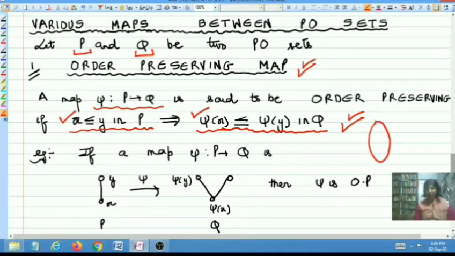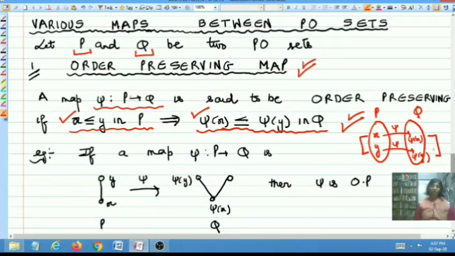P is a poset given to you and Q is another poset, and X and Y are two elements in P. Under the map psi, the image of X is psi X, an element in Q, and the image of Y is psi Y, again an element in Q. Then psi is an order preserving map if whenever X is related to Y, this implies that their images psi X and psi Y are also related.